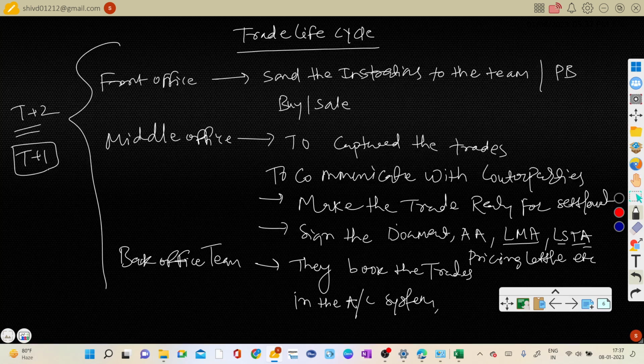So this is your trade date T, then T plus 1, and T plus 2 is where settlement actually happens.